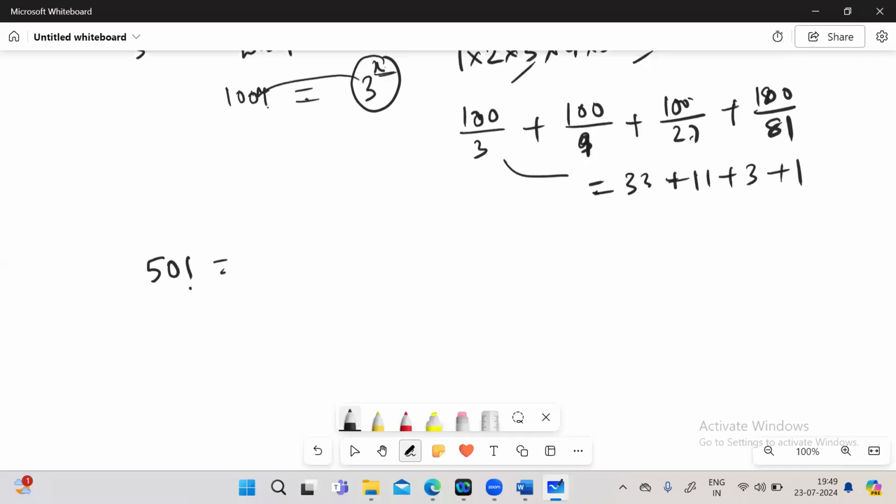Bring the prime factorization of 50 factorial. You have to do the prime factorization of 50 factorial. Okay, okay.